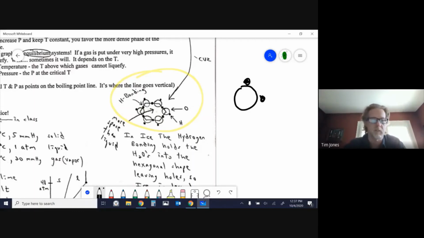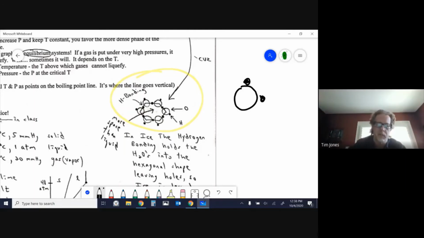And so I have 6 of them all lined up. And they make this sort of hexagonal shape. And to do this, they have to spread out a little bit. That's what causes water to be this unique situation where the solid is less dense. Of course, that's why ice floats, icebergs float, and so on.